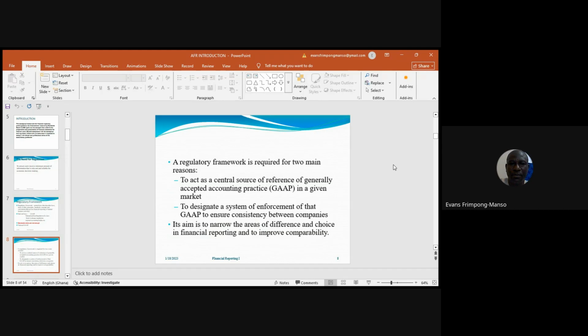And if they do, then it will ensure that there is consistency in the preparation of the financial statement.